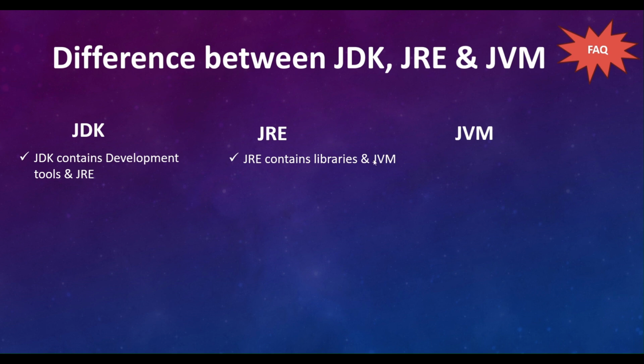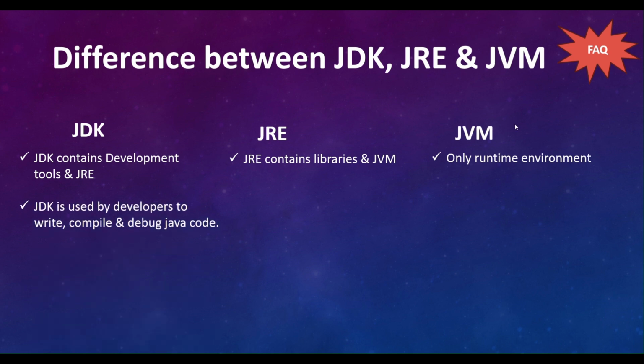And we have JVM. The bytecode that we got will be provided to JVM, and the actual execution happens inside JVM. So JVM is completely a runtime environment only. Whatever compilation happens here, the compiled code will get executed inside JVM.